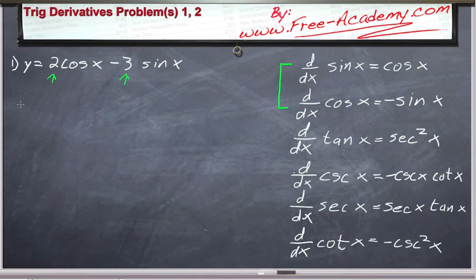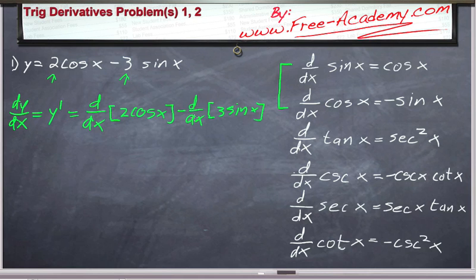Let's do problem 1. We want to find the derivative of y with respect to x, or y prime. And when we do this, it's the same as applying our derivative to both our functions here, minus d by dx of 3 sine of x. So to find the derivative with respect to y, we distribute out the derivative.